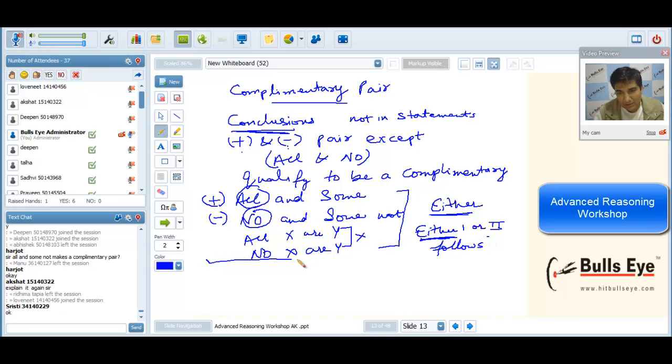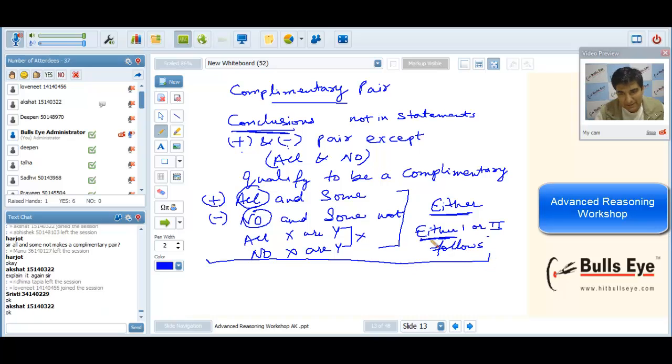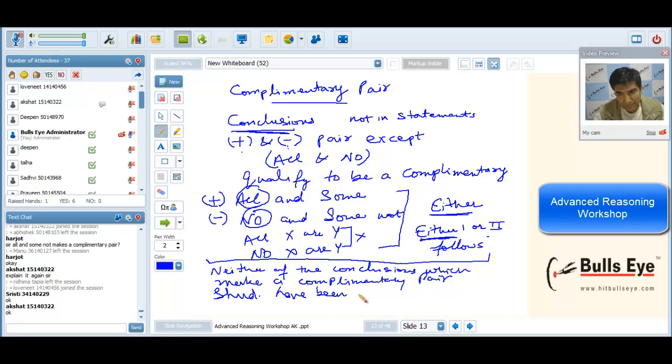The third and the most important concept is that neither of the conclusions which make a complementary pair should have been logically proven through the statements given.